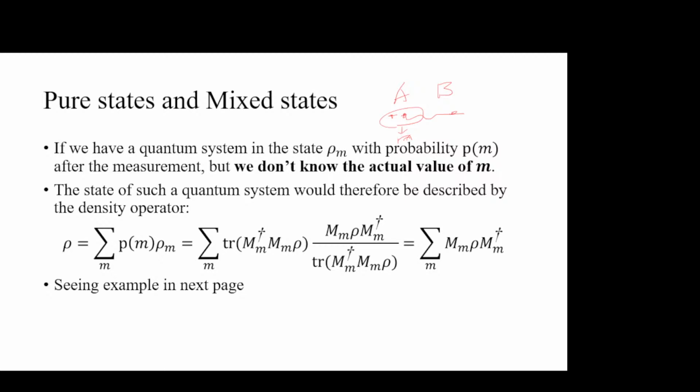So this is rho prime, the output state, and rho is the input state. So this output state, the post-measurement state, even though you didn't know the outcome, is very likely to be not equal to rho. Not necessarily equal to rho.